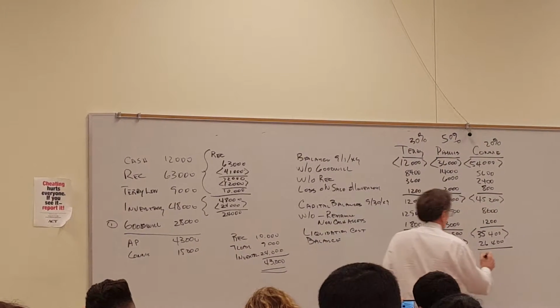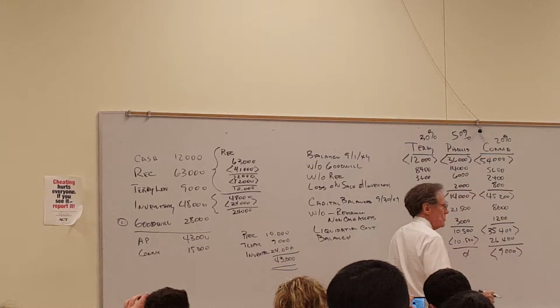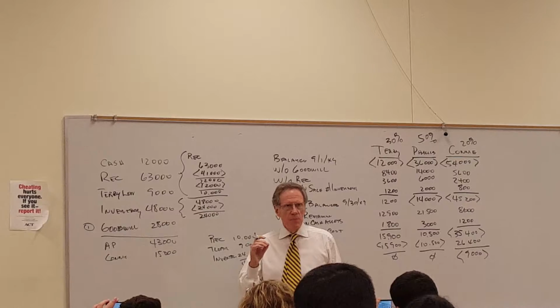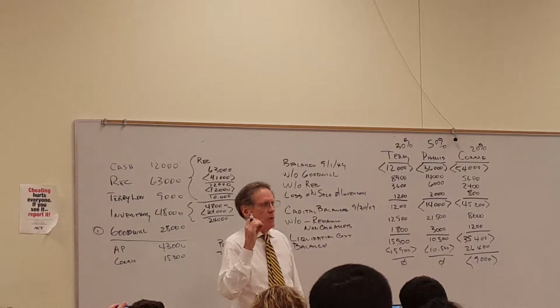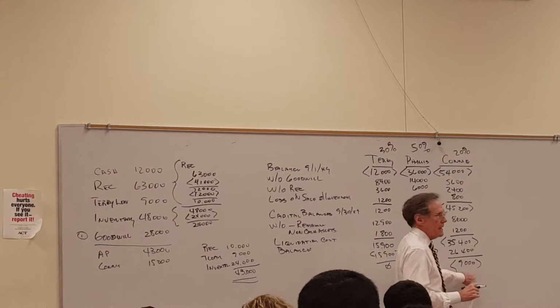So after that, Connie has $9,000 remaining. So we can make a safe payment. We can make a payment in the amount of $9,000, and we make that payment to Connie.